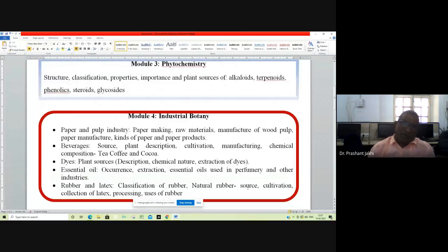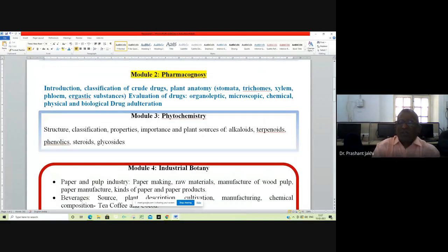So in this way, in this semester we are going to study plant resources, which include plants used as food material, plants used for pharmacognosy, phytochemistry, and industrial botany.